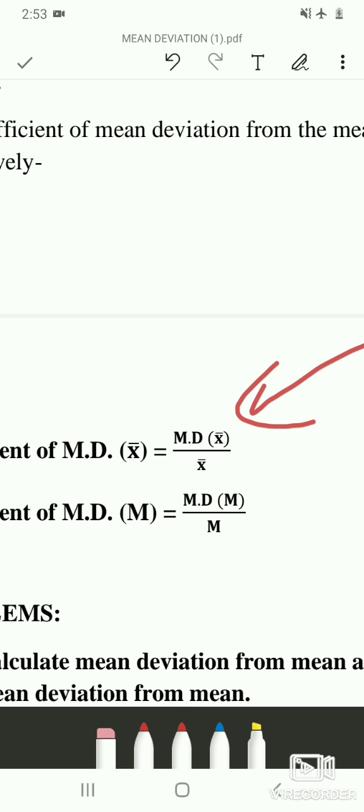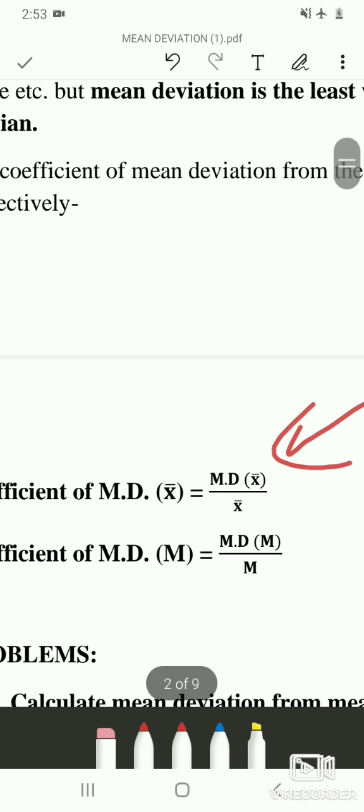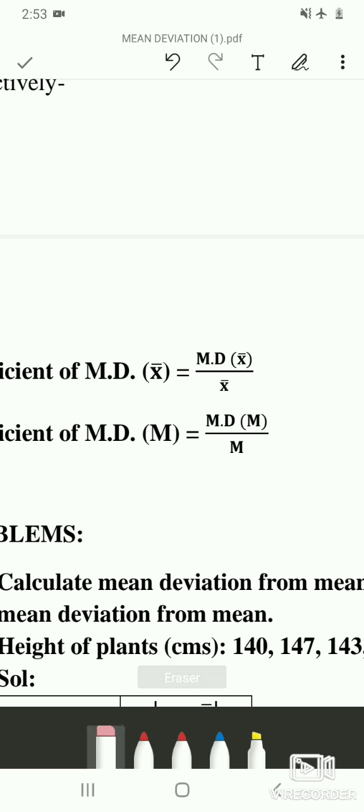In case of median, the coefficient of mean deviation from median, the formula is mean deviation from median upon median. So these are simple formulas.